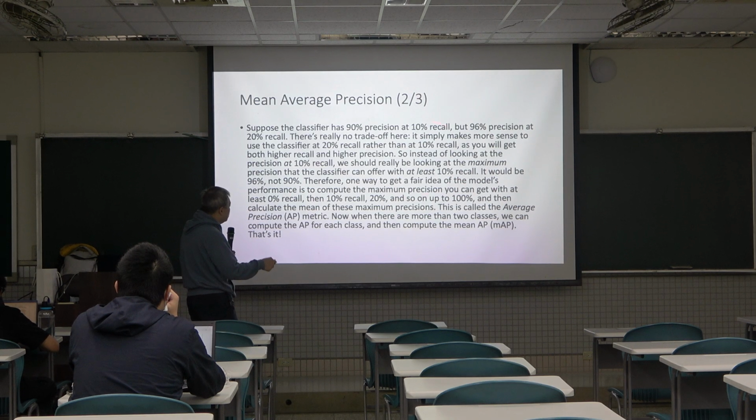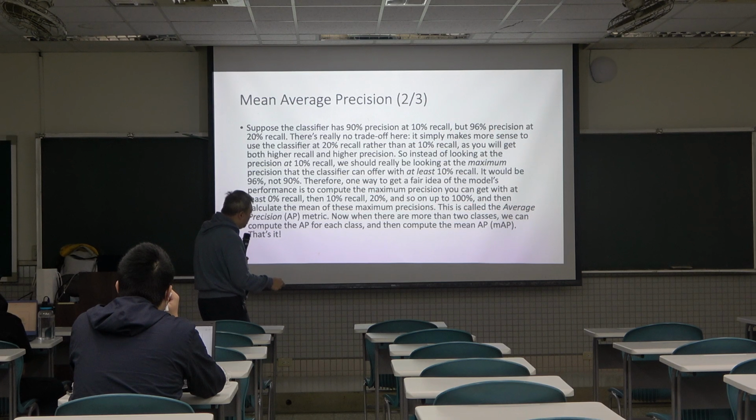So what we are going to do is like this. We consider the maximal precision you can get with at least 0% recall, with at least 10% recall, with at least 20% recall, and so on, up to 100% recall.